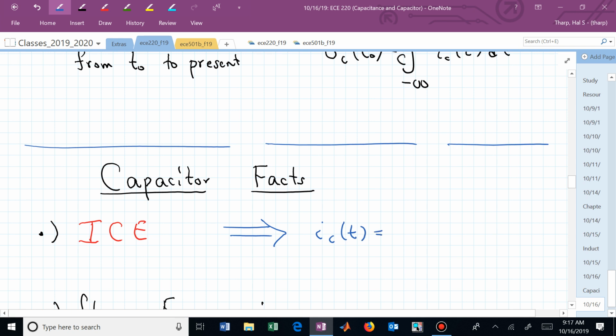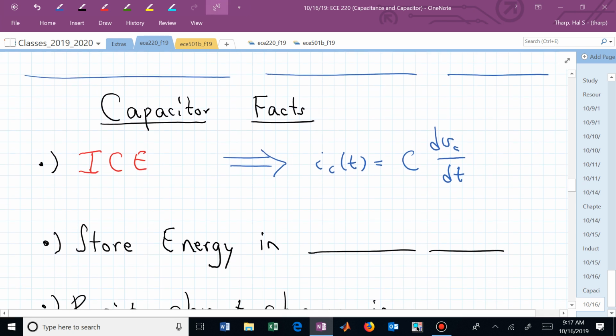Now when you start talking about ICE, you're going to be seeing this differential relationship between current and voltage of a capacitor. You know that I is equal to C dV sub C dt, or the time rate of change of the voltage across that capacitor is what's giving you the current. And where's the energy stored?